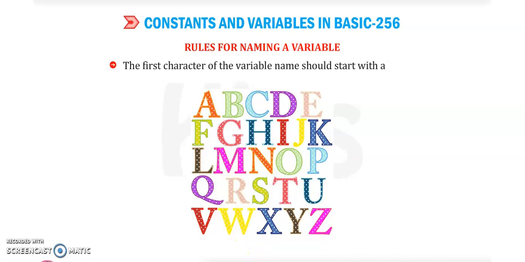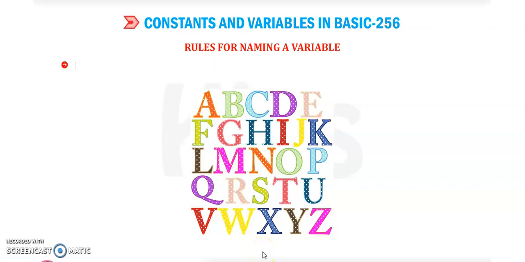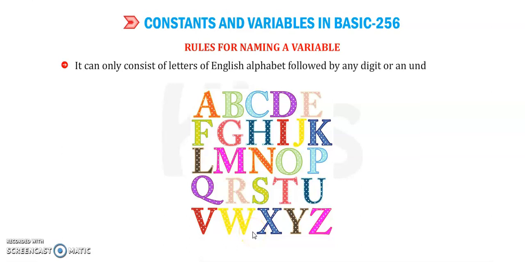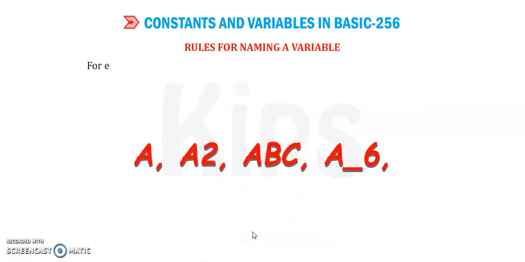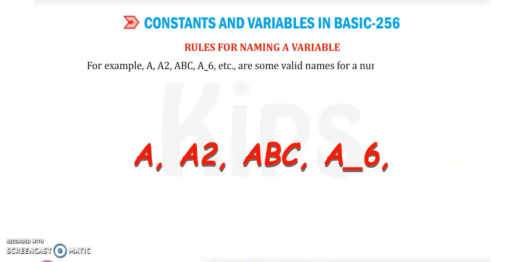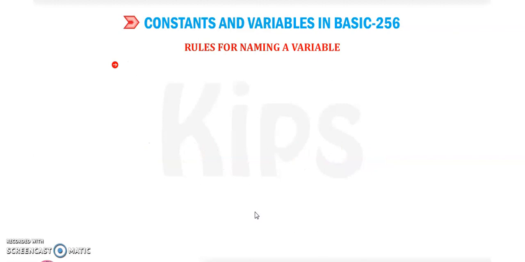The first character of the variable name should be a letter. The second rule is that it can only consist of letters of the English alphabet followed by any digits or underscore characters. So the first character should be a letter. For example, A is a variable, A2 can be a variable, ABC can be a variable, and A_6, where an underscore is allowed, are some valid names for a numeric variable.